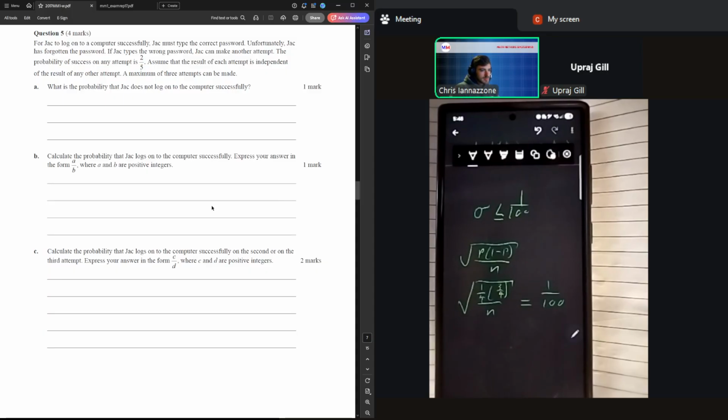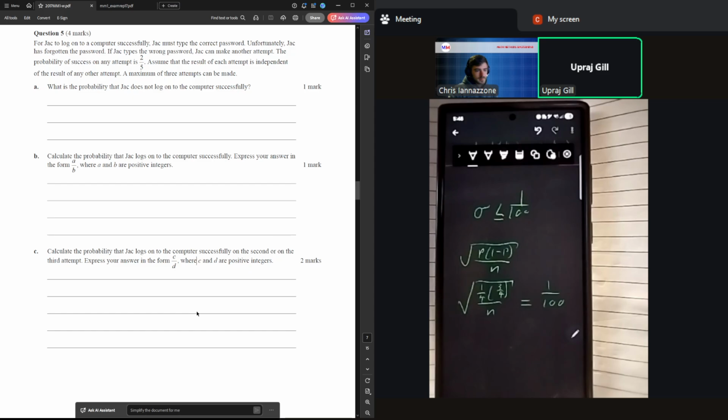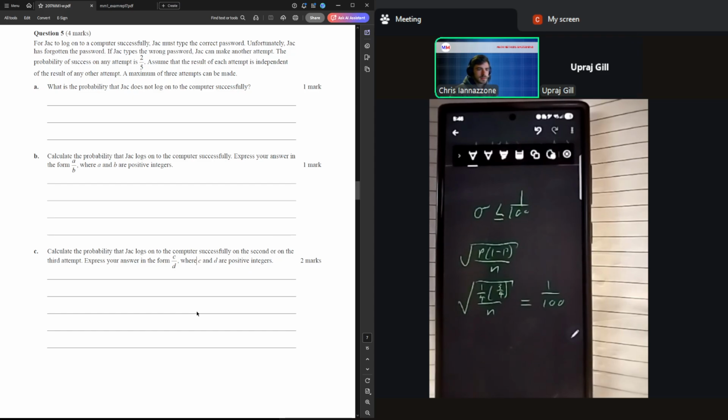Maybe I did misremember. Maybe it was C that I used the tree diagram for. Is C basic conditional probability? Yeah, because in a sense, given that he fails on the first attempt, there's a sense of conditional probability in here.